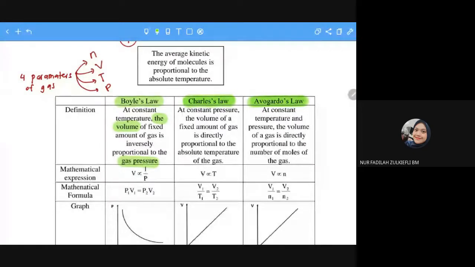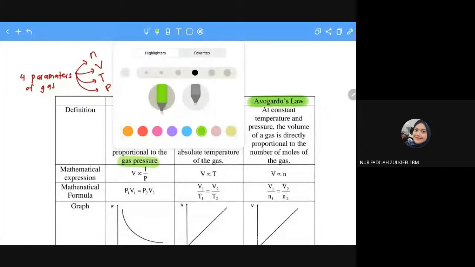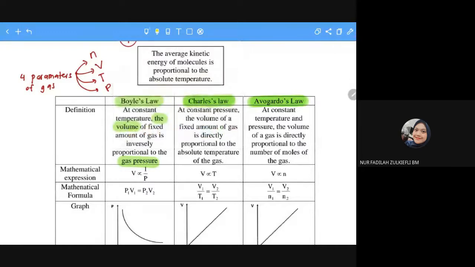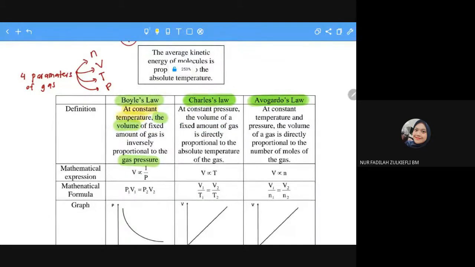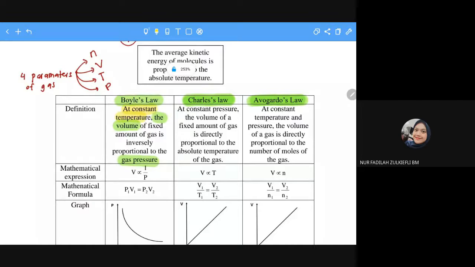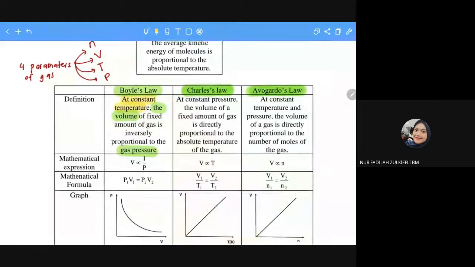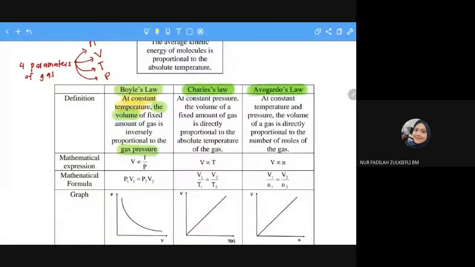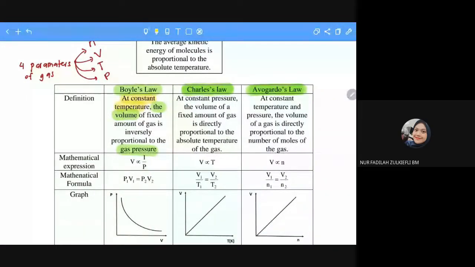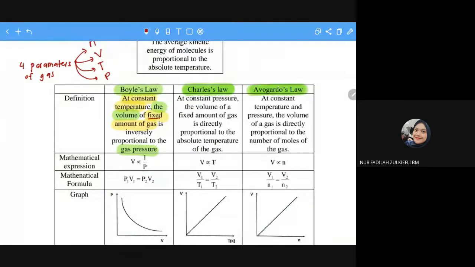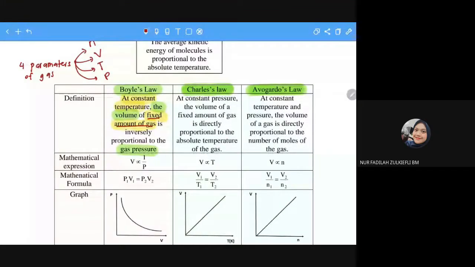So that's why from the definition, okay, boleh baca sendiri kan, at constant temperature, what is the relationship between volume and gas? Directly proportional or inversely proportional? Inversely proportional. Yes, okay. So the volume of a fixed amount of gas, okay, tolong highlight.